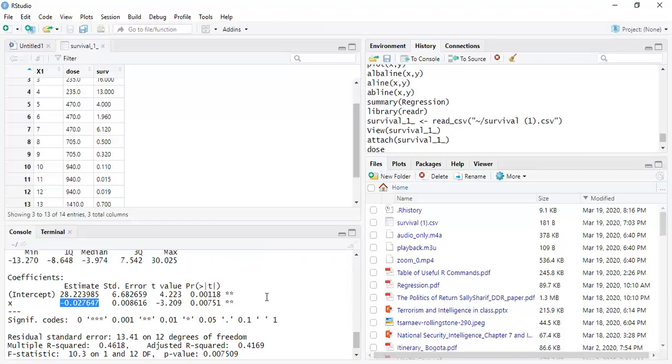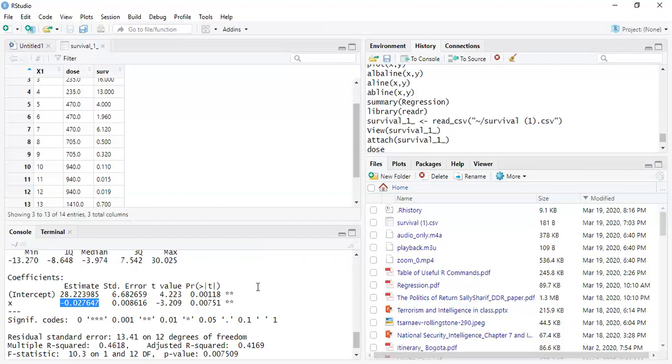It says that with every more unit of this dose of radiation, the rats' survival is 0.027 less. So what does that mean?